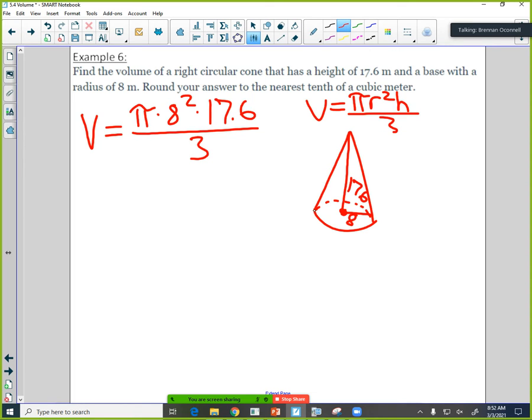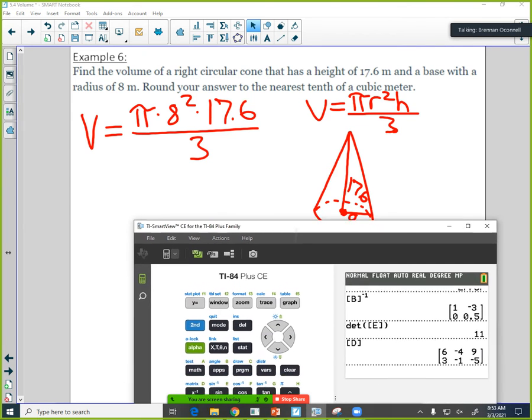I'm just plugging in the values for r and h. Pi is a number, r is given to us, height is given to us, and we're told 3. Don't forget the squared.